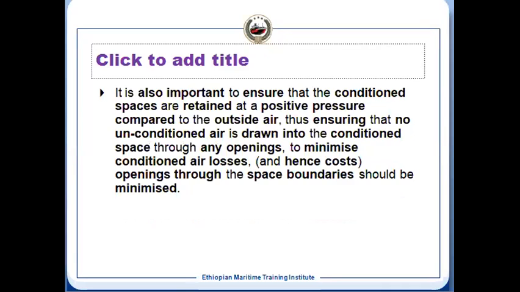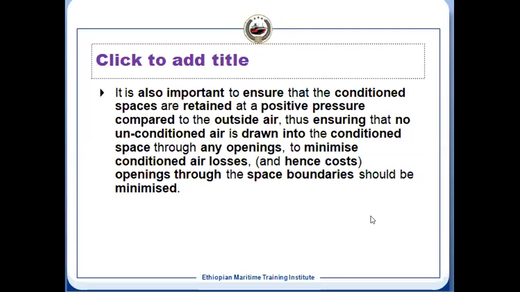So the outside air: any air loss, which is the exhaust, has to be compensated from the outside air. Now, another thing: the air we are supplying. Suppose the outside air is hot, we cool it down and supply it to the cabins, for example.